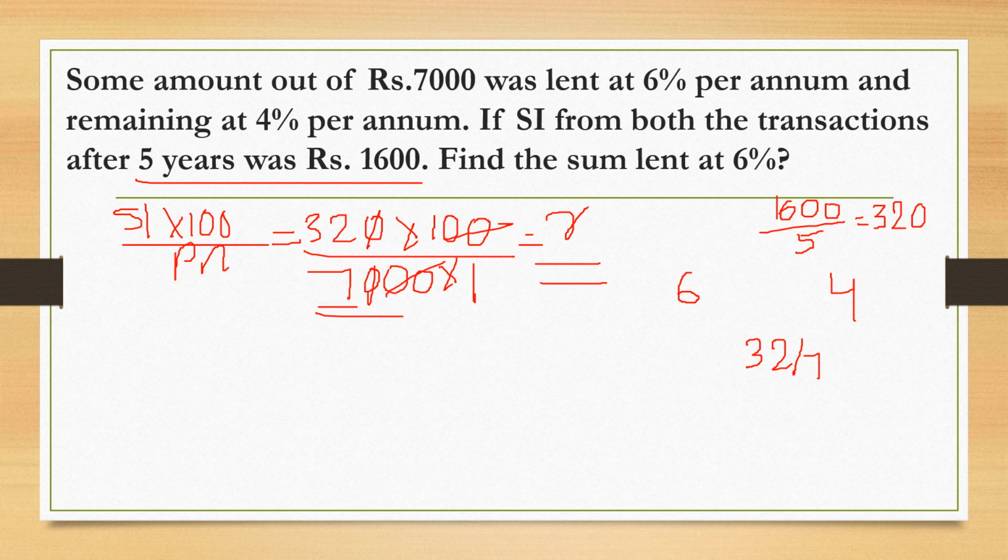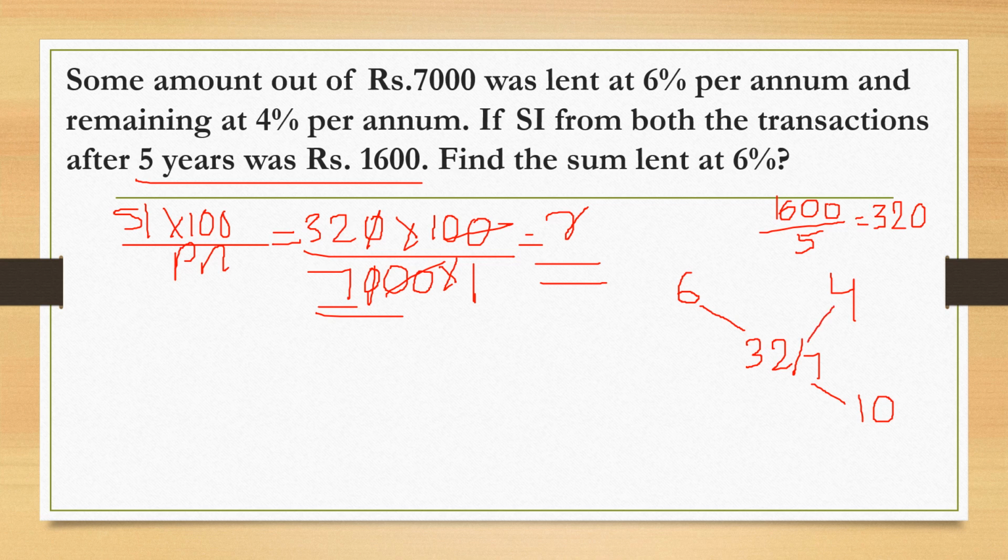Next thing we have to do is, on solving this, that is we have to subtract 6 minus 32 by 7. We will get 10. 6 minus 32 by 7 is 10 and we have to write it here. And next is 32 by 7 minus 4.